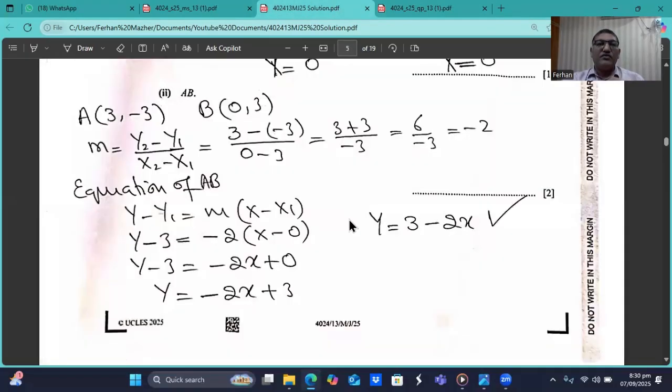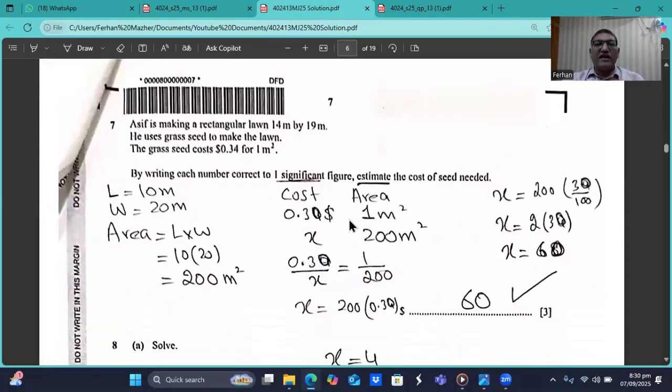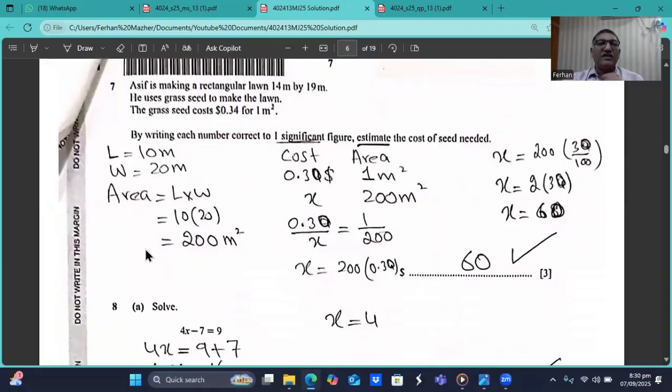So the length, which is 14, I will take as 10, and the width, which is 19, I will take as 20. So the area of the lawn will be length times width, that's 10 times 20, and that is 200 meters square. Now the cost is $0.34 for 1 meter square, so I will round it off to one significant figure, and that will be 0.30.